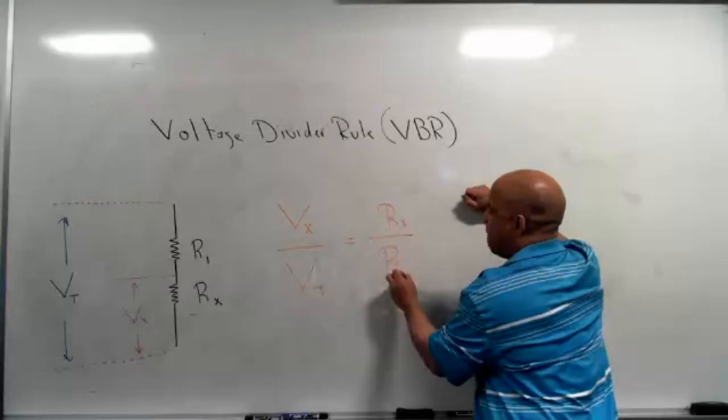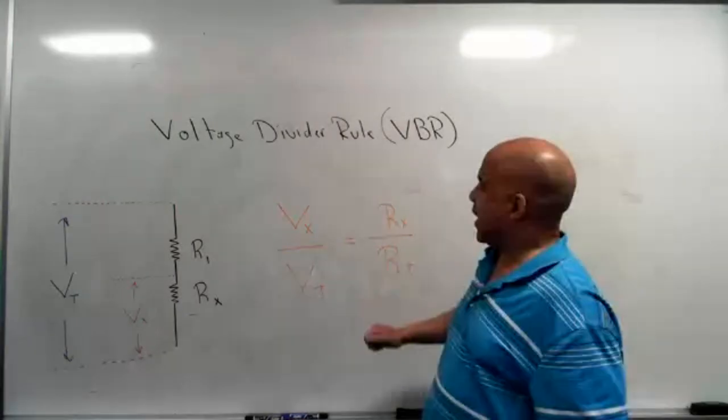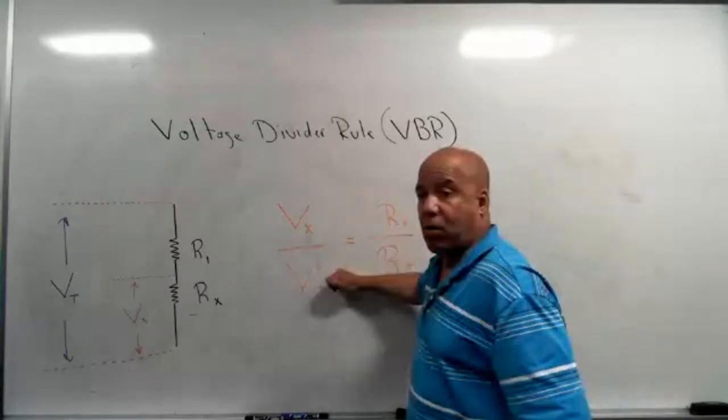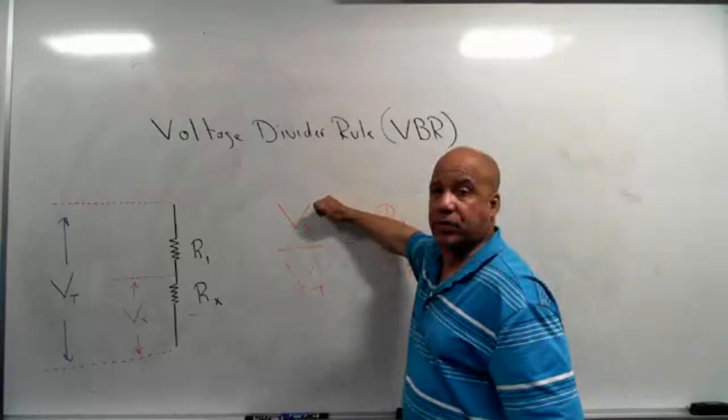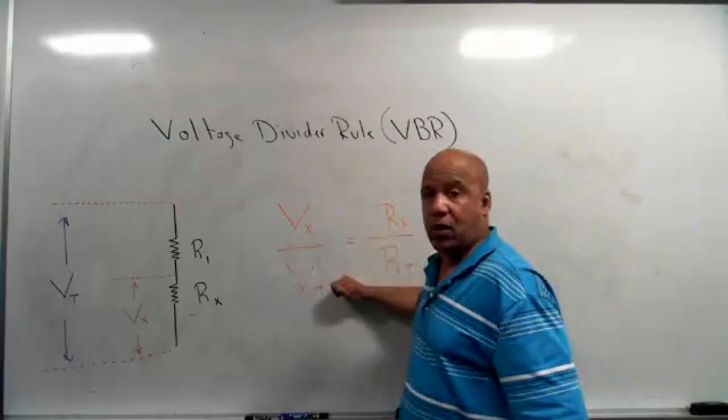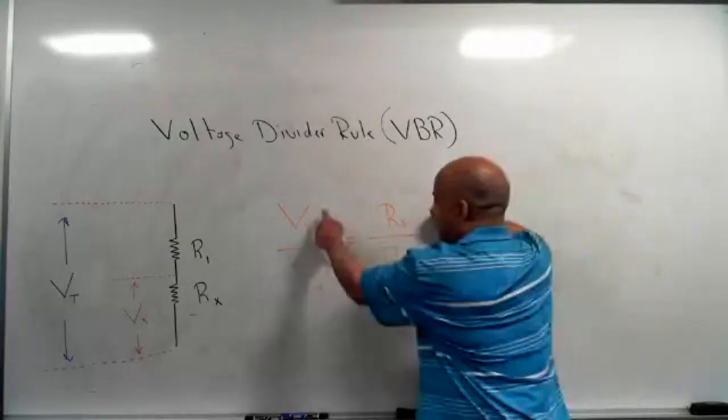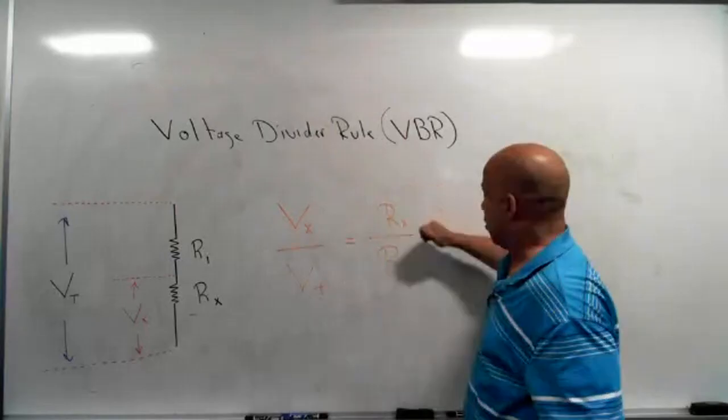Rx over R1. Rx over not R1, but R what? RT. I should be able to take the part over the whole. If I take the partial voltage over the total voltage, that equals the related partial resistance over the total resistance.